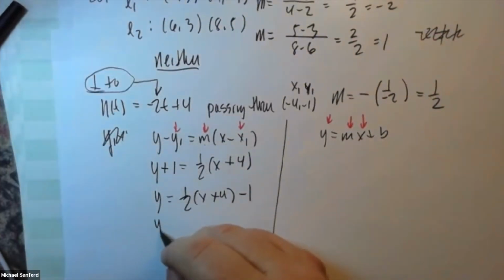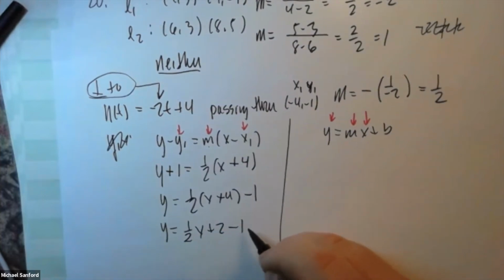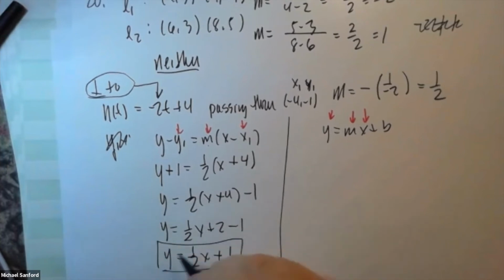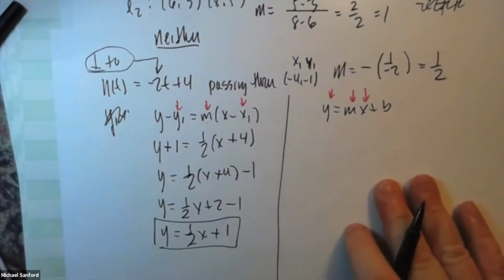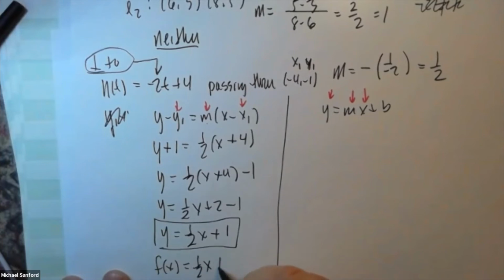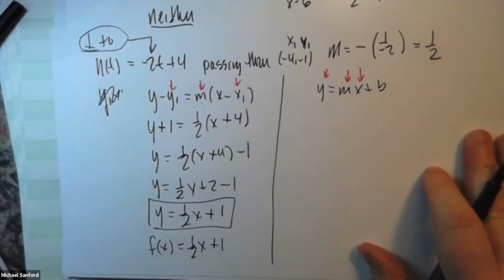Distribute the 1/2. Combine the two. And there we go. There's the equation of the line. I guess we could put it in function notation, if we want, just to keep consistent with the way they gave us the information.